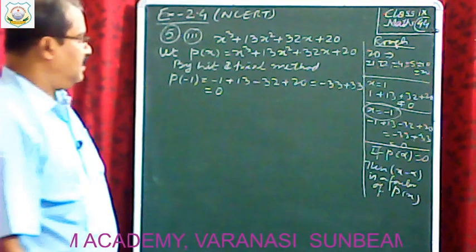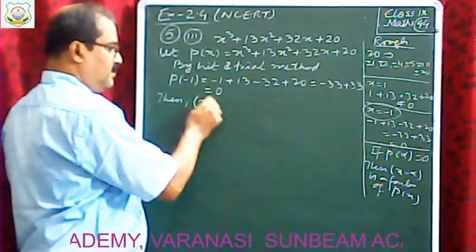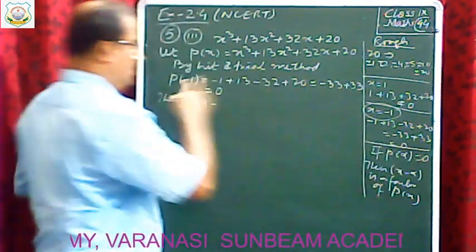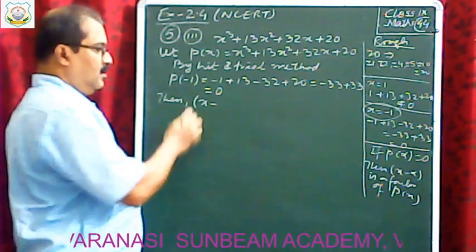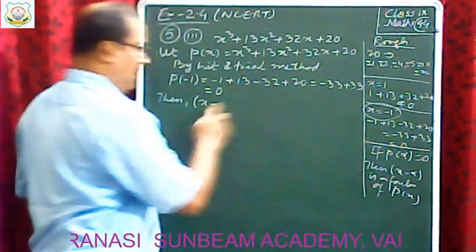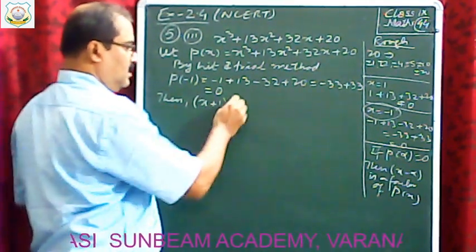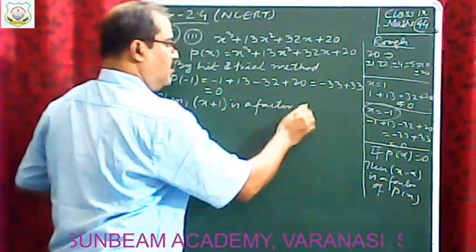Factor theorem we have done. So here alpha is minus 1. P(alpha) equal to 0, we get P(minus 1) equal to 0. In place of alpha, minus 1 is there. So x minus alpha, x minus minus 1, that is x plus 1, is a factor of P(x).